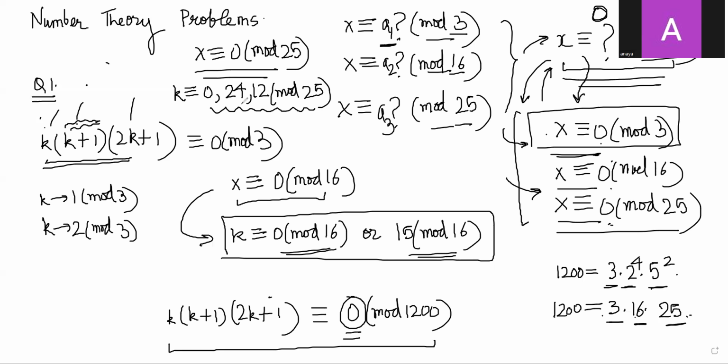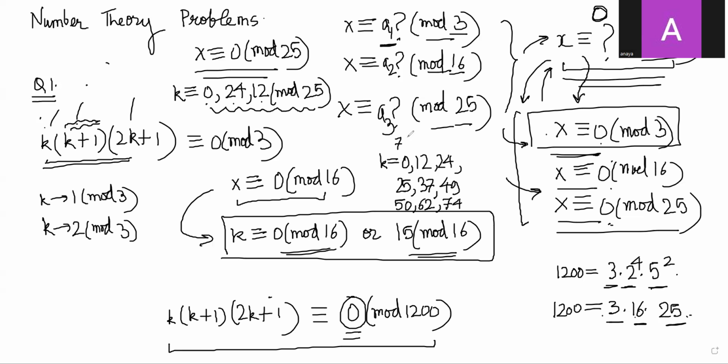Now, if you think of these numbers mod 25, if you list down all of the possibilities starting from the lowest number, k can be 0 or 12 or 24. After that, it can be 25 or 37 or 49, and so on. You start listing out everything: 50, 62, and 74.